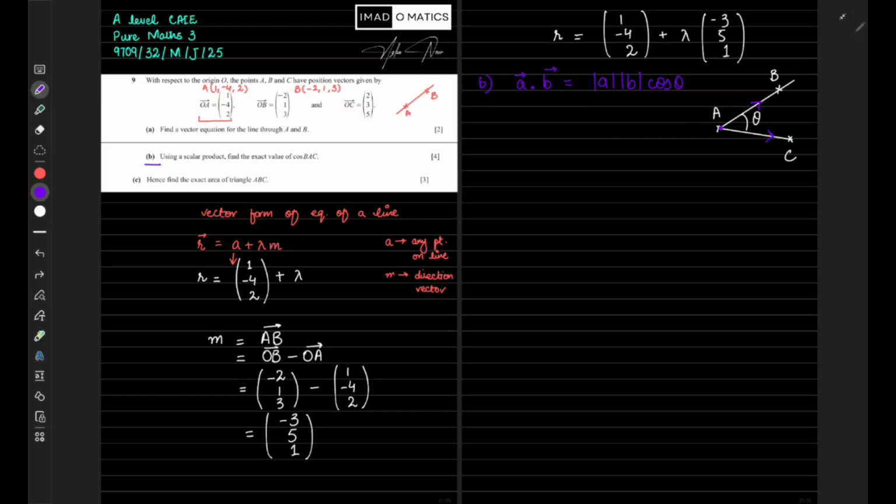So let's take this symmetry of moving away from point A: the direction of AB is from A to B, so you are taking vector AB, and the direction of A to C is also away from it, so you are taking the vector AC. So it will turn out to be modulus AB times modulus AC cos theta.